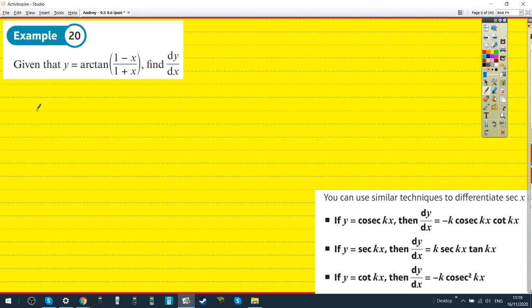So it will just be tan y equals 1 minus x over 1 plus x. So I was thinking we would get something like x equals, and then we would differentiate both sides and get dx/dy equals. I think that's what we have to aim for. But how can we get just x by itself?